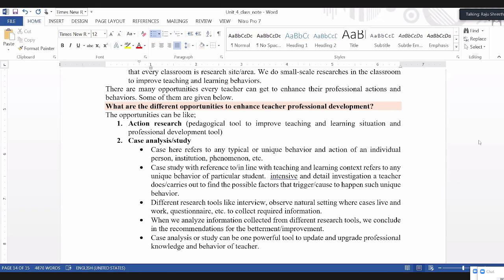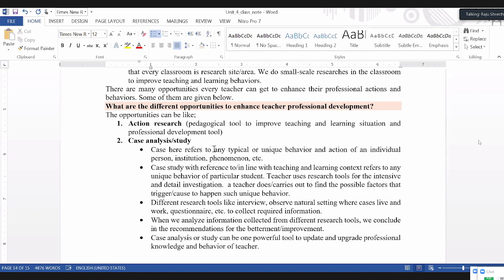The teacher uses research tools for intensive and detailed investigation.